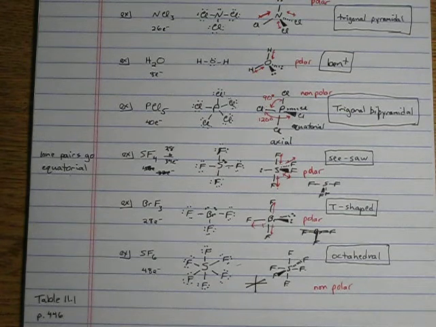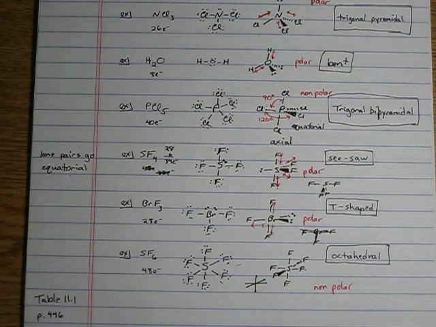Salt, sodium chloride, is like the most extreme of polarity. It's so dang polar, it's ionic. So NaCl is so polar, it's ionic, so it's extremely polar. So salt does dissolve in water because water is also polar.